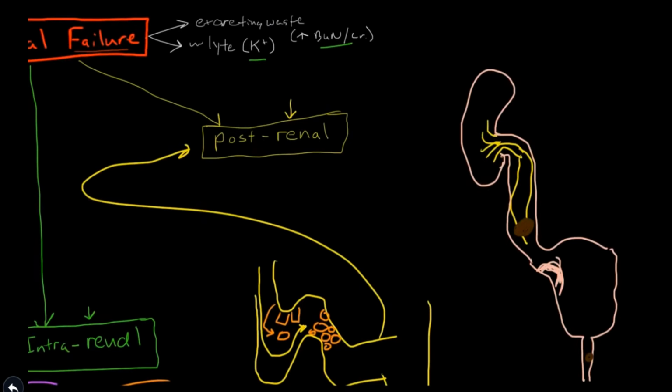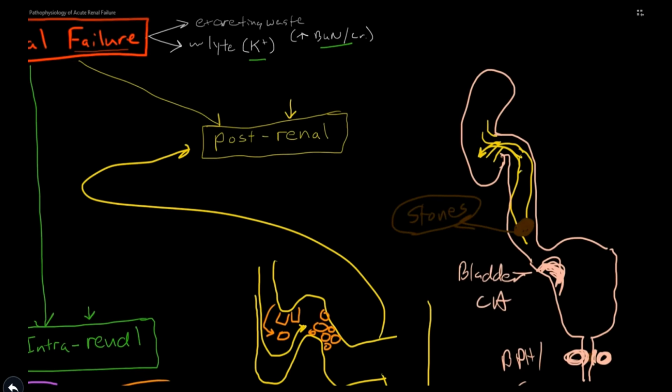It also can be caused by masses, like from bladder cancer, or by masses in or around the urethra, compressing on the urethra, like severe benign prostatic hypertrophy or prostate cancer. Now, anything that disrupts the flow of urine from the renal pelvis will cause a backflow or back pressure in the nephron.